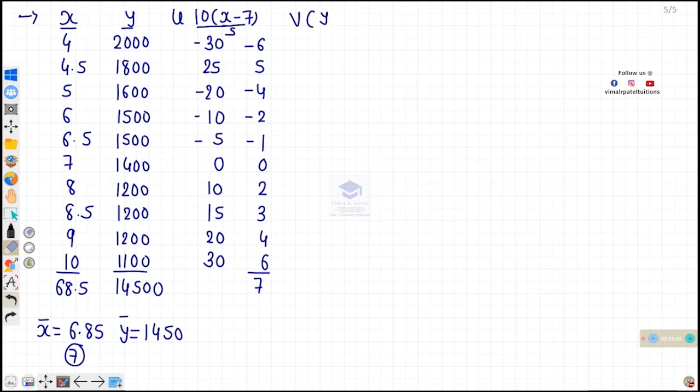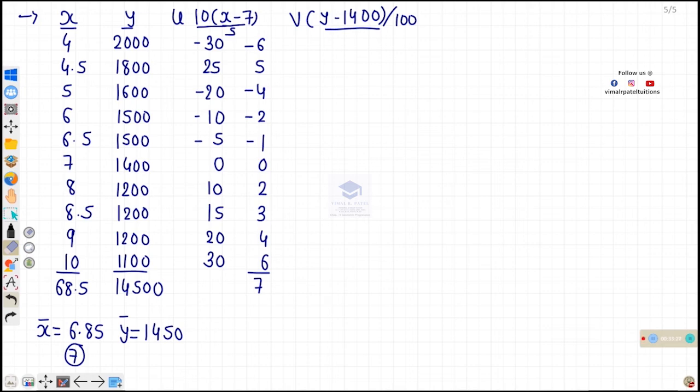For y we will subtract directly. Instead of 1450, I'll subtract 1400. Why so that I can divide by 100, because all numbers are divisible by 100. If I subtract 1450, then I can divide by 50.